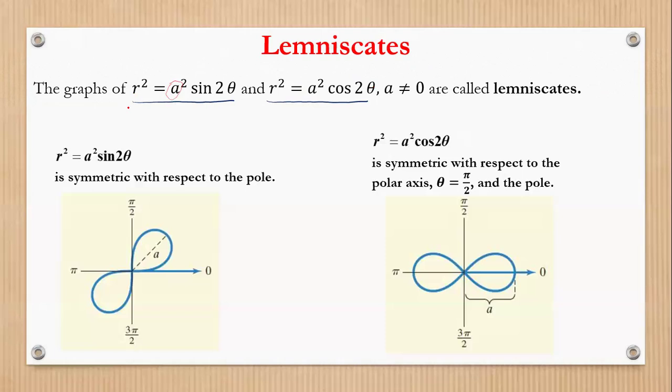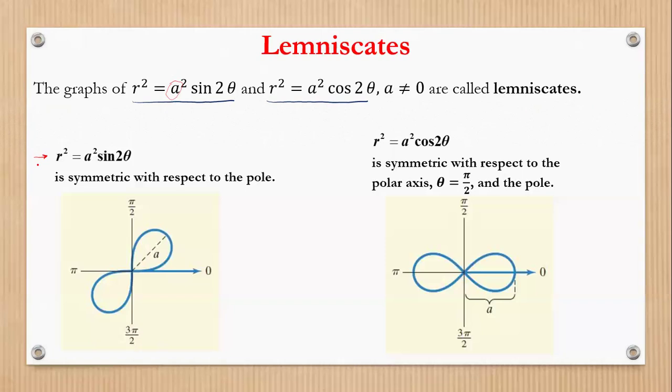To check for the symmetry, if the equation has a sine, it's only symmetric about the pole. But if the equation has cosine, it's symmetric about the y-axis. Why? Because, for example, in the first one, if you replace r by negative r, since we have r squared, nothing changed because we get back the same equation.